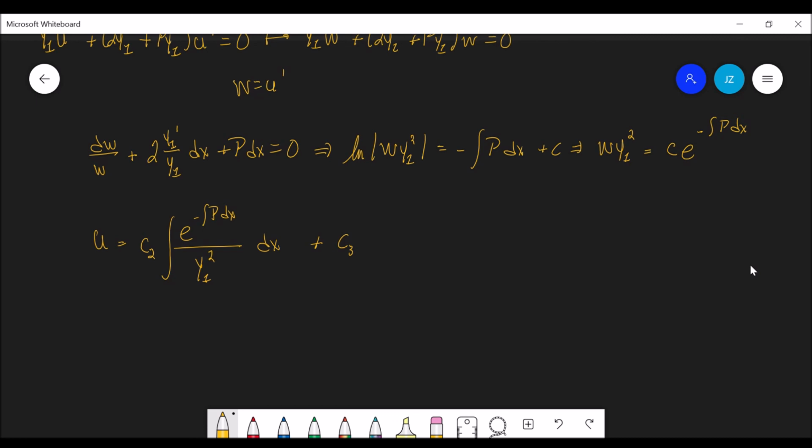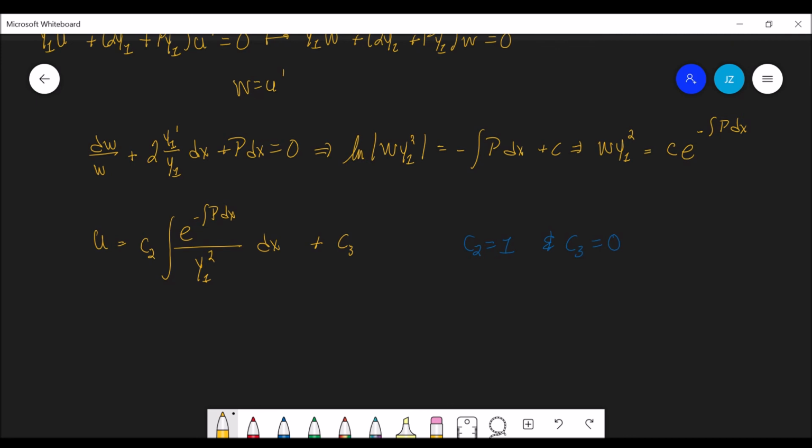We can now choose c2 to be 1 and c3 to be 0.